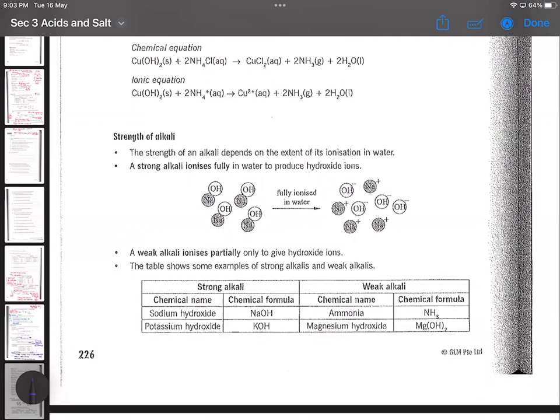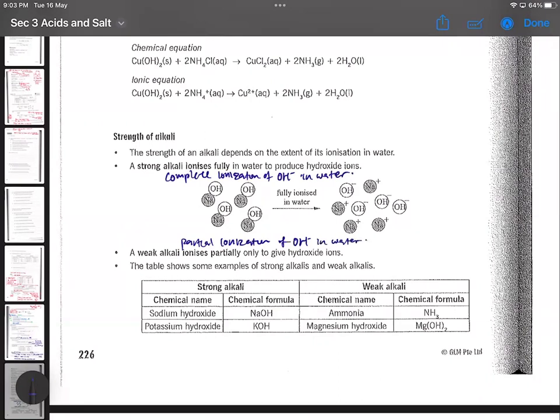Ionized fully in water, also known as complete ionization of OH ions in water, for the strong alkali. For the weak alkali, it will be partial ionization of OH minus ions in water.